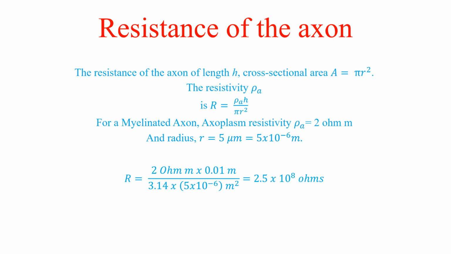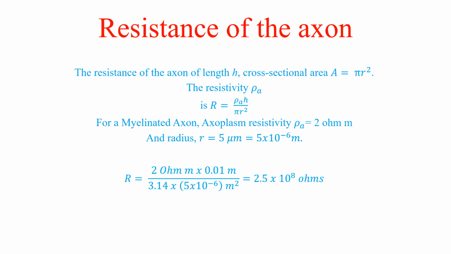In order to calculate the resistance of the axon, as you know, the axon can be visualized as a long conducting cylinder of length h and radius r that contains the axoplasm of resistivity rho A. Since the resistance is directly proportional to the length and inversely proportional to the cross-sectional area, and the constant of proportionality is the resistivity, the resistance of the axon R equals rho A h over pi r squared.